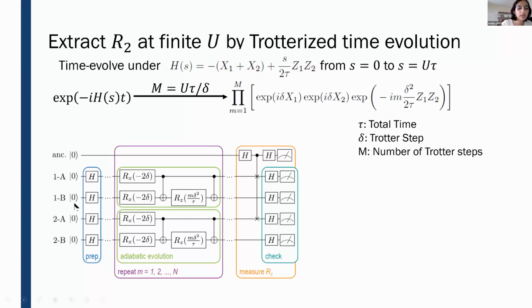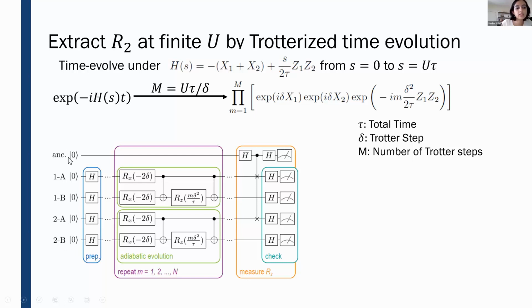Initially I was talking about how you need 2 copies of the system to give you the second Renyi entropy. So we have 2 copies of the system. Initially they're all prepared in 0. The first qubit, we'll call it subsystem A. The second qubit is called subsystem B, and similarly for the second copy.